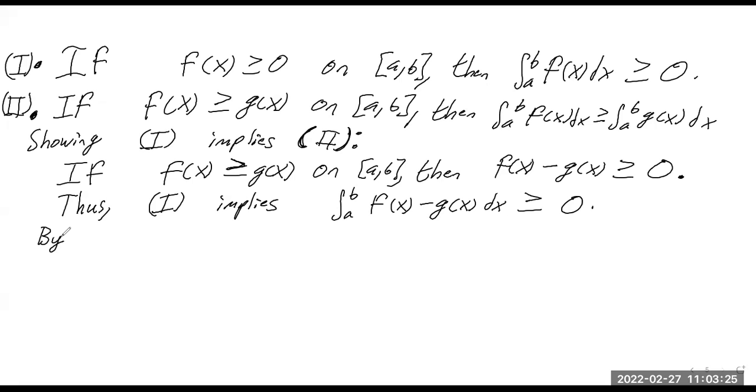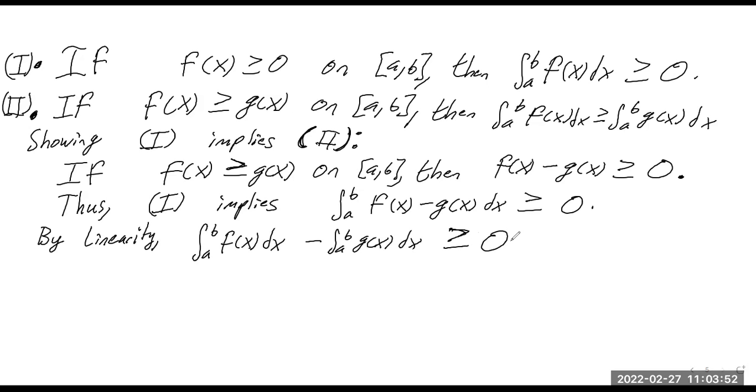But we have a property here that can help us. By linearity, that means that if I take an integral of a sum, it's the same thing as the sum of the integrals. We have that the integral of f minus the integral of g is greater than or equal to 0.